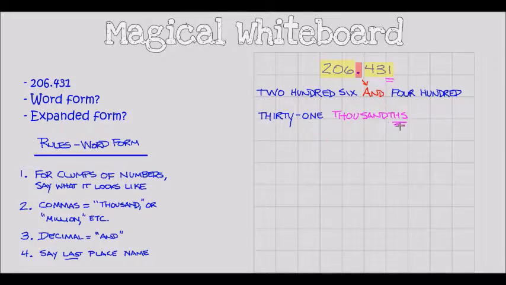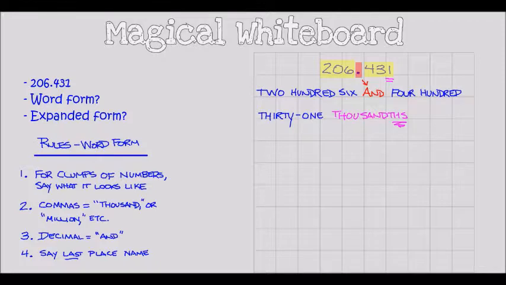Notice the THS in thousandths. That THS reminds me that the 431 thousandths is a part of a number, a number less than 1. So thousandths are totally different than thousands, which are bigger than 1. Thousandths are smaller than 1.